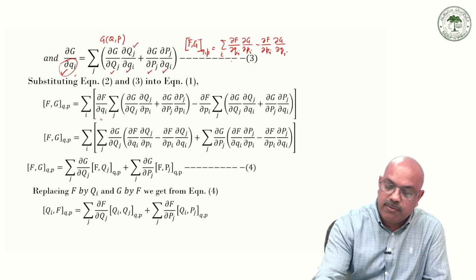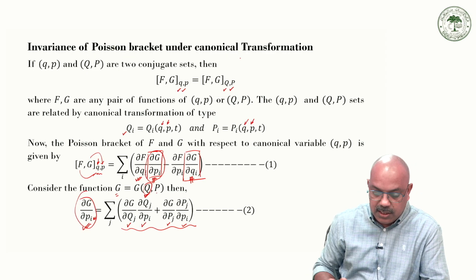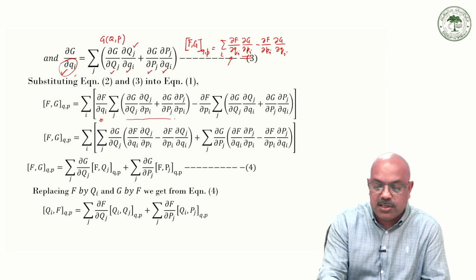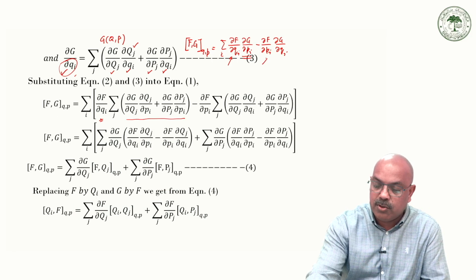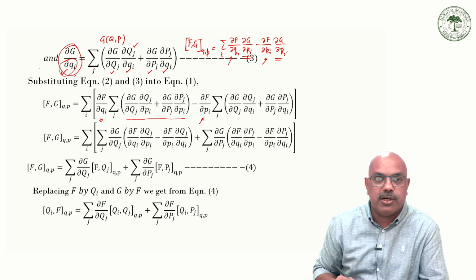So delta f upon delta q_i is there, and in place of delta g upon delta p_i, I am writing this whole expression, and then we have delta f upon delta p_i here, and in place of delta g upon delta q_i, I'm going to write this whole expression.